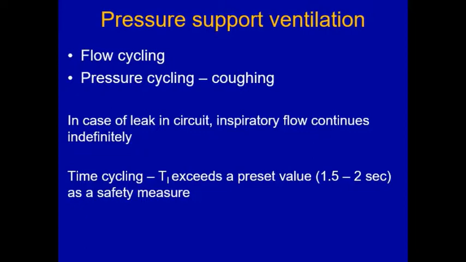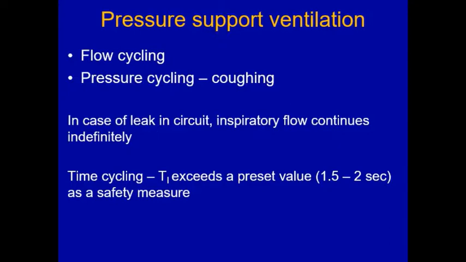So pressure support ventilation, remember, is a patient triggered spontaneous ventilation, or assisted spontaneous breathing. Triggering is by the patient, cycling is also determined by the patient, tidal volume is also determined by the patient, and only a part of the breath is assisted by the ventilator.